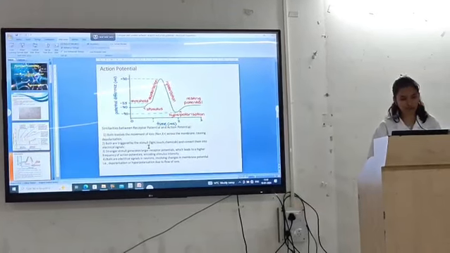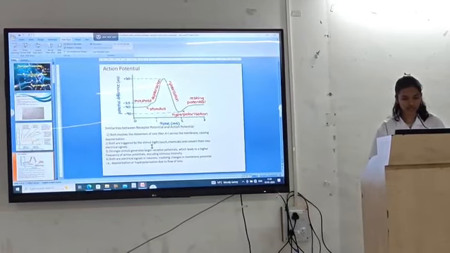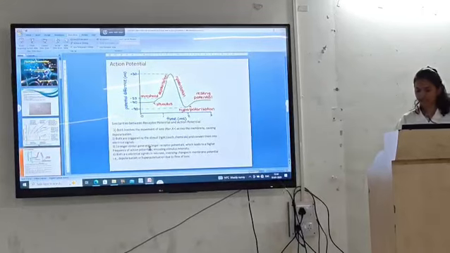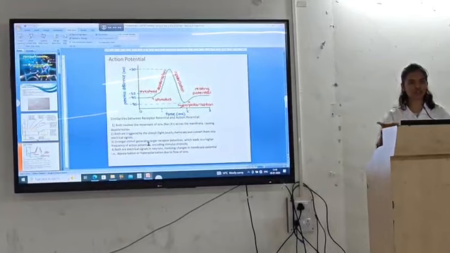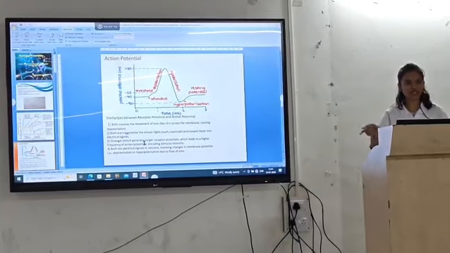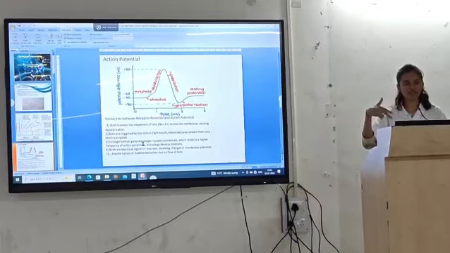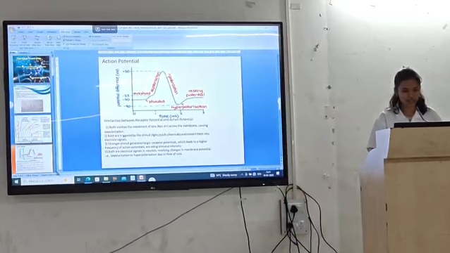Stimuli can be in any form like light, touch, chemicals, and they will convert them into electrical signals. The third point is important: the stronger the stimuli, the larger the receptor potential generated, which makes it easier for the membrane to reach the threshold from the resting membrane potential, which will further make it easier to achieve the action potential.